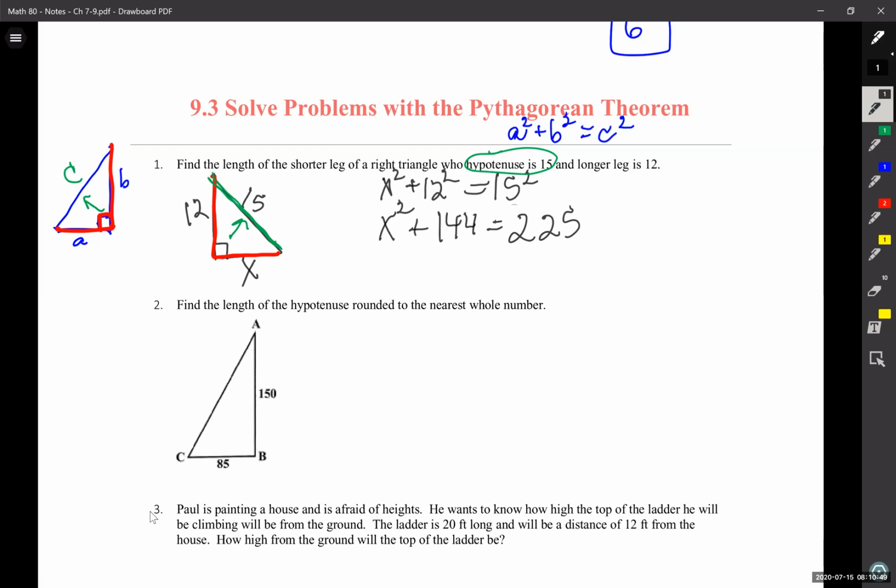And then I'm going to subtract 225 minus 144. We're still learning equations, so I'm going to subtract 144.